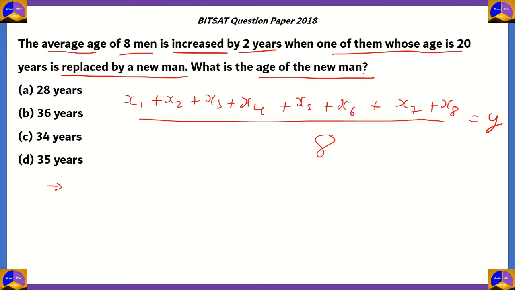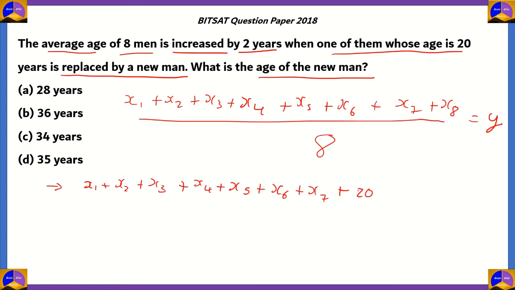Now, in here, the average is increased by 2 years when one of them whose age is 20 years is replaced by a new man. So from this question, we can actually create two equations. The equation for the first case is x1 plus x2 plus x3 plus x4 plus x5 plus x6 plus x7, and instead of writing x8, we're already given the age of the last person, which is 20.